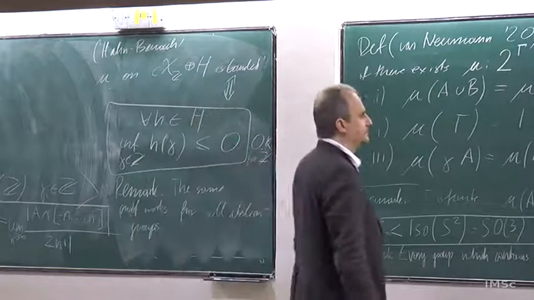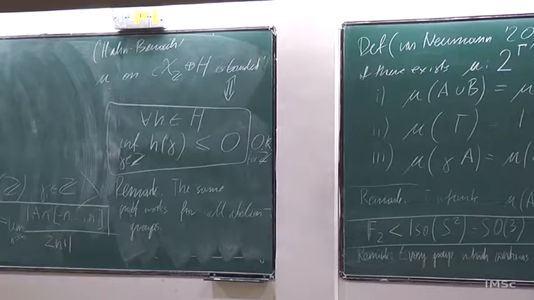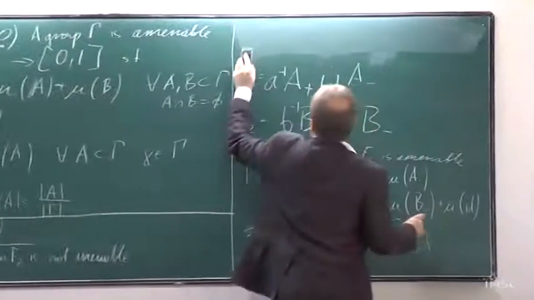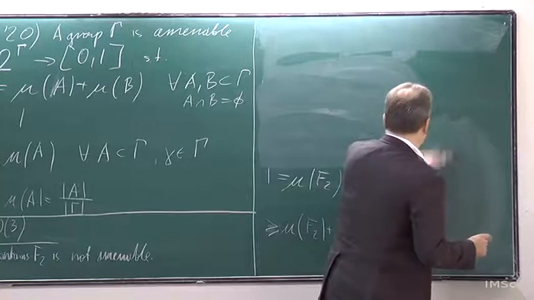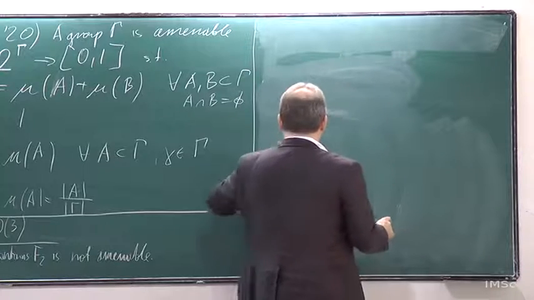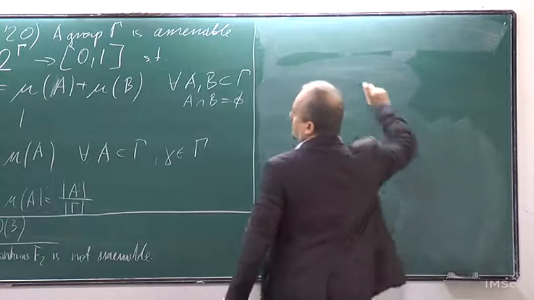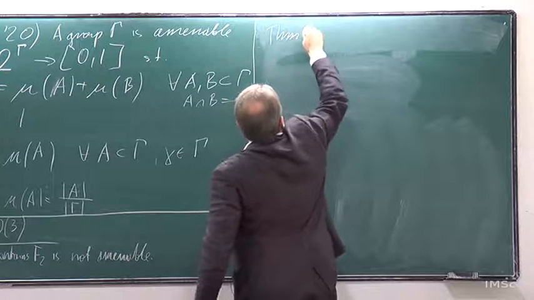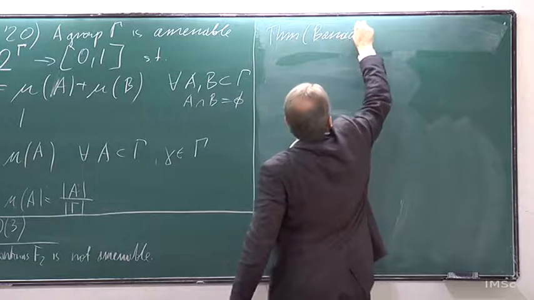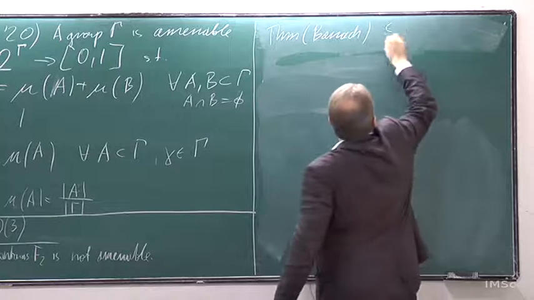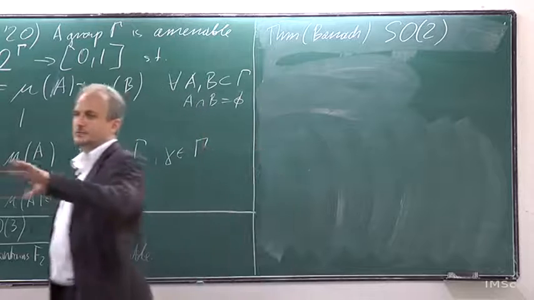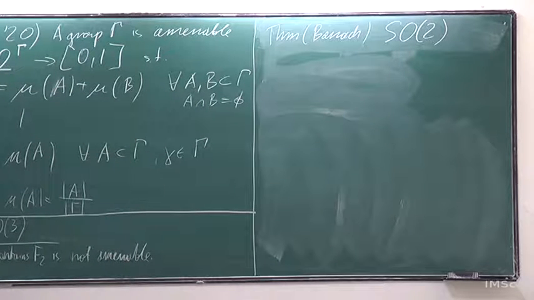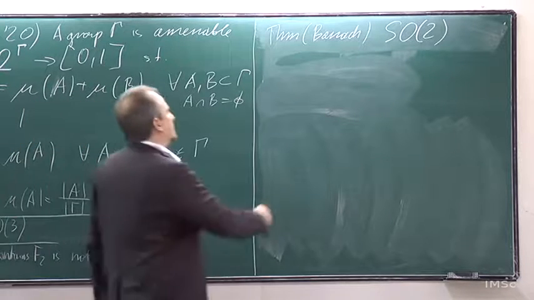In particular, SO2, the group of rotations of the circle, is amenable.